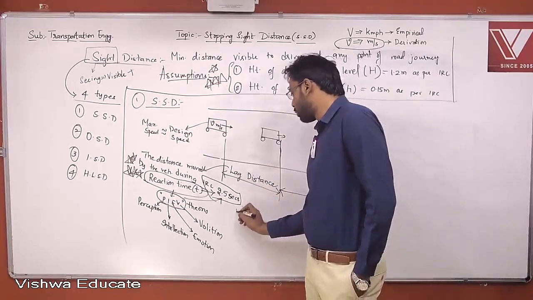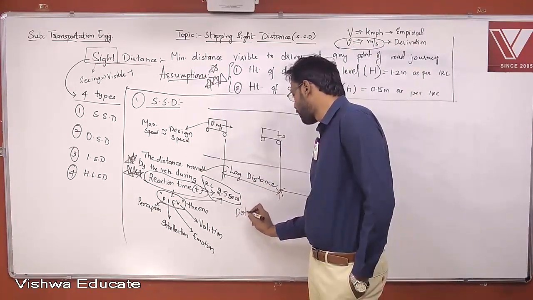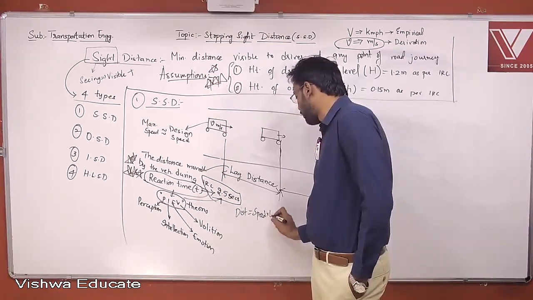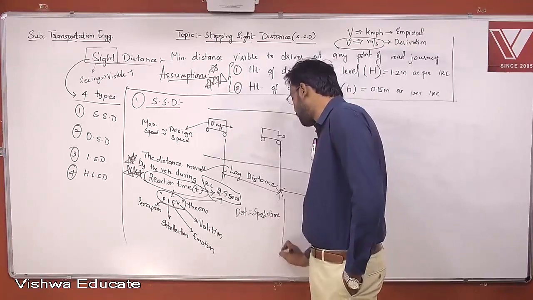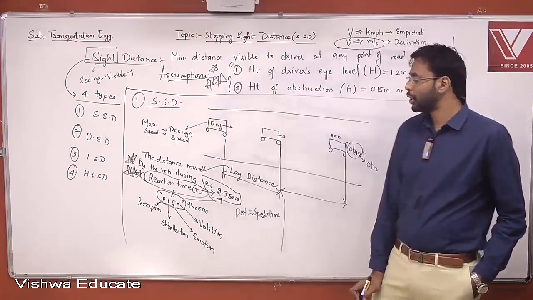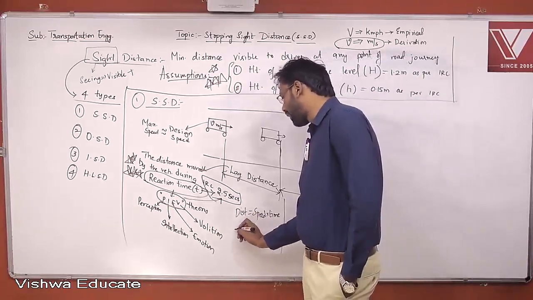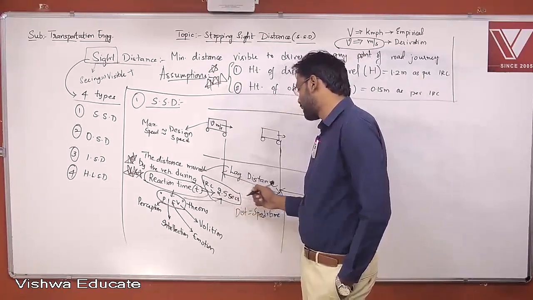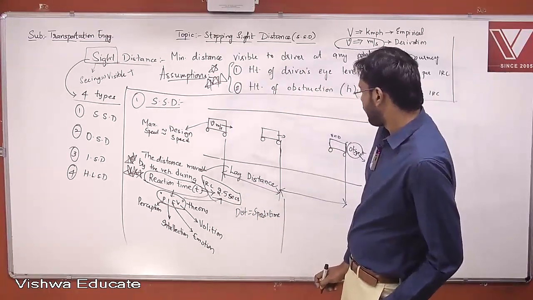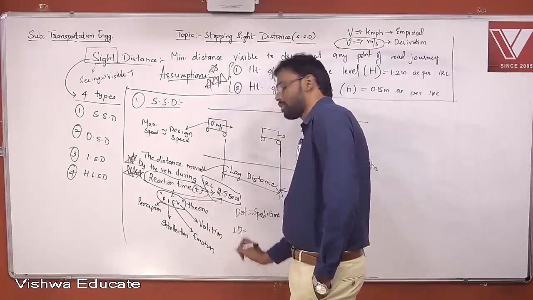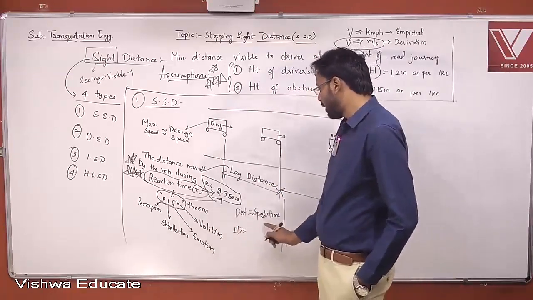Distance is equal to speed into time. This is a very old formula which we all know, right? So, lag distance here is nothing but the distance moved by the car during the reaction time. Lag distance is equal to speed into time.